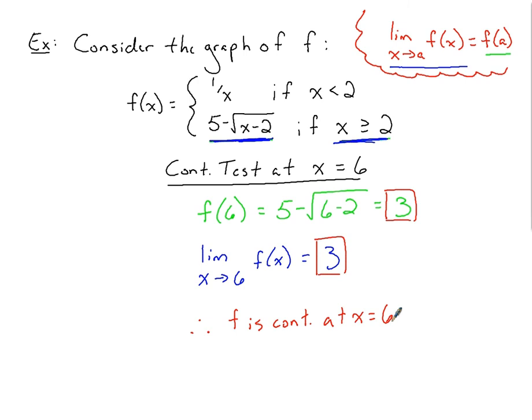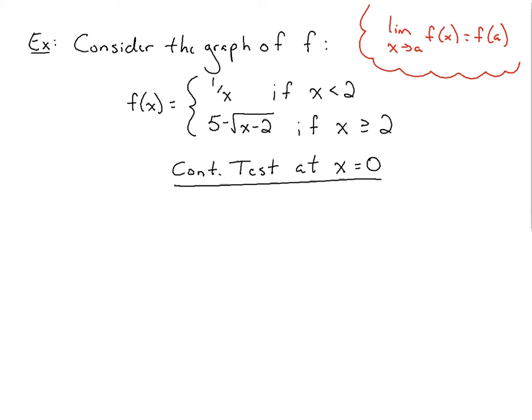And if we're going to state that, we've got the mathematics to back it up, but we want to make sure it's clear what the mathematics is justifying, so we need a little extra. We'll give a reason: because the limit as x approaches 6 applied to the function, so this second part here, equals f of 6, this first part right here. That's why it's continuous. And that's consistent with the definition of continuity.